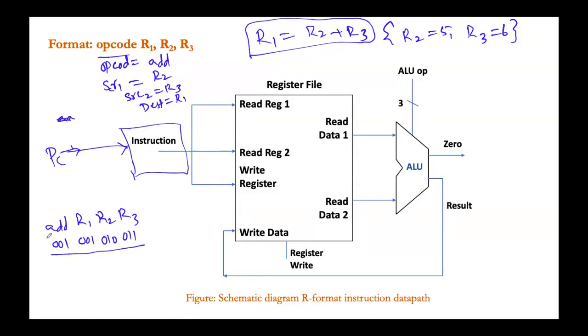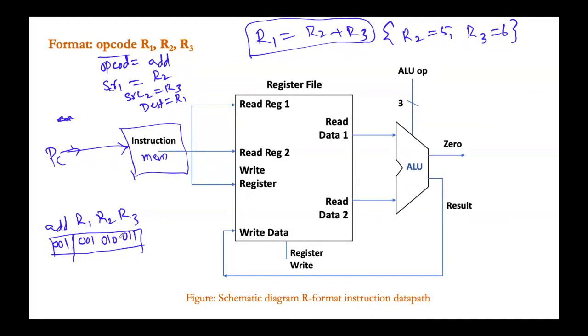So this arithmetic operation instruction will be available in the instruction memory, and the output of this instruction memory will be this. From this instruction, it is decoding.